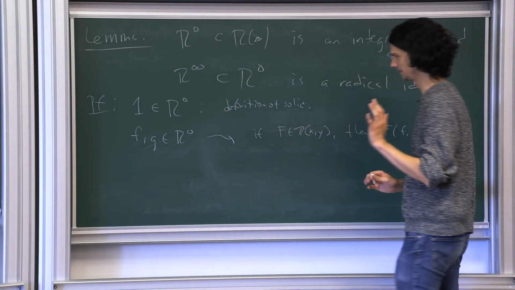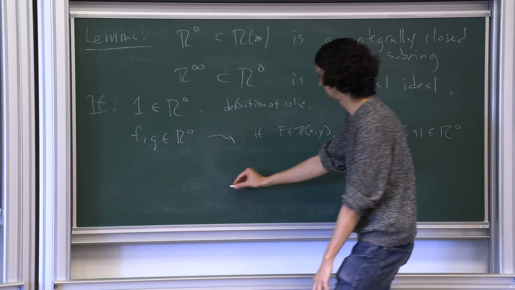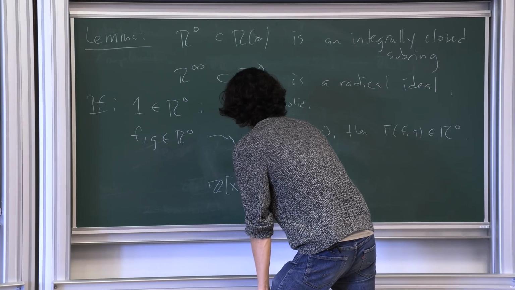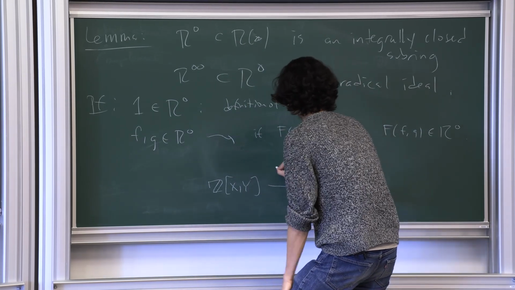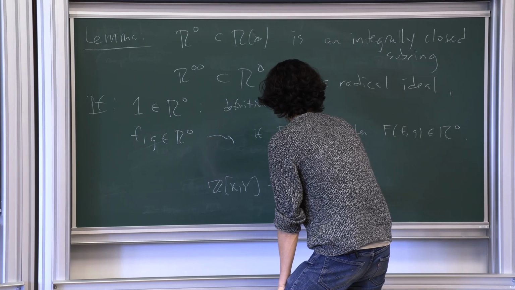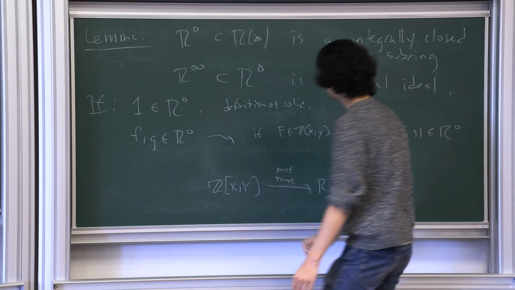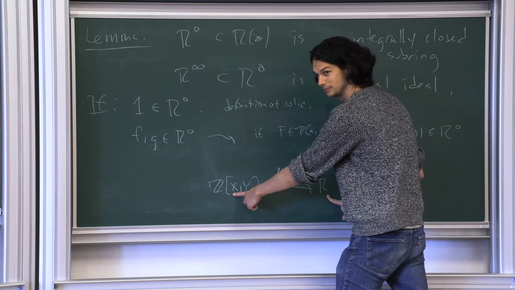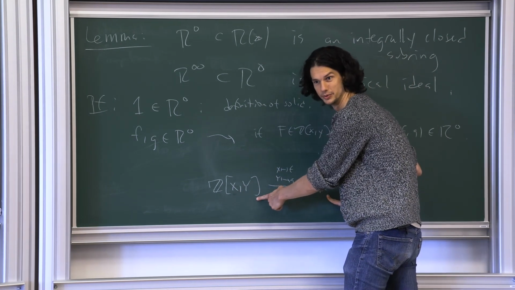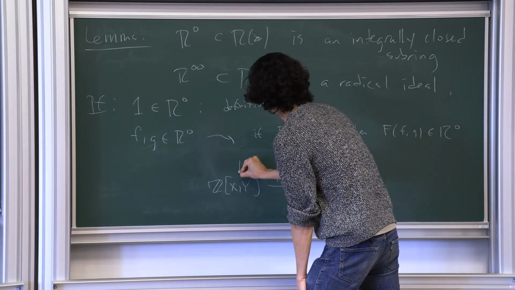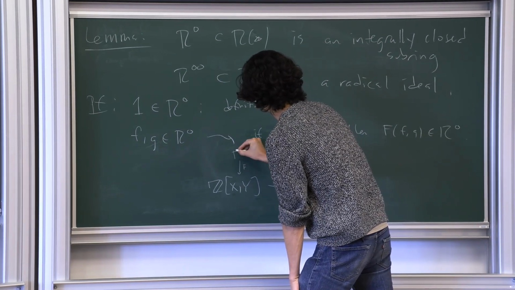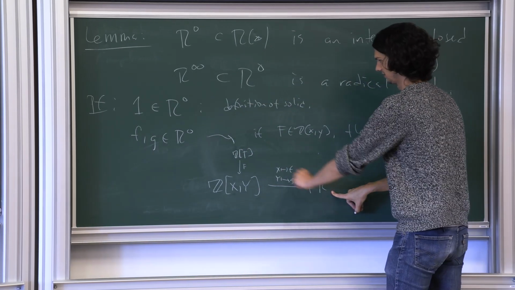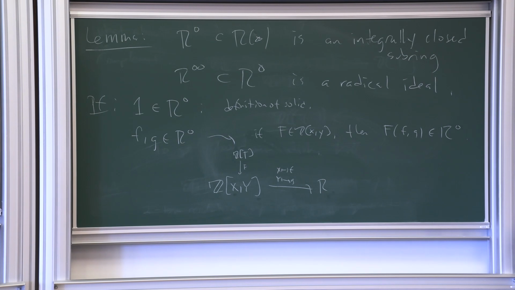There are different ways of doing it, but I think the cleverest one is to look at the map from the polynomial ring in two generators to R, which sends x to f and y to g. And our hypothesis is that R is a solid Z[x] module and it's a solid Z[y] module. What we want to conclude is that for any map from the polynomial ring in one generator T, R is a solid Z[T] module.